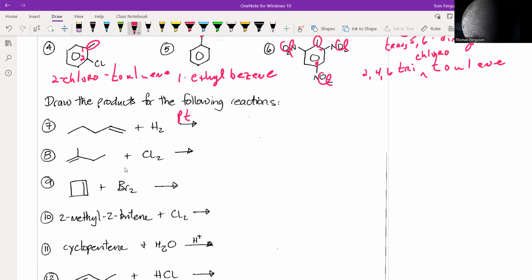This platinum is very, very stable and can be reused a bunch of times. Okay, so we have 1, 2, 3, 4, 5. So that's going to be 1-pentene. And what's going to happen is the hydrogen is going to go across the double bond, giving us pentane.